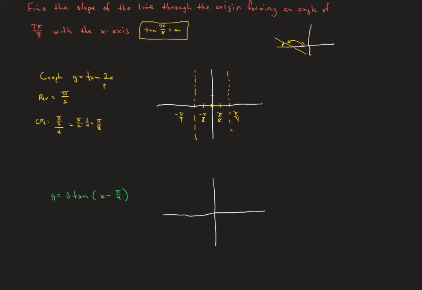Now, at the quarter period over, when we go over one tick mark to the right, that's going to give us a value of tangent that's 1. When we go one tick mark to the left, that's going to give us a value of tangent of negative 1. So these are the 4 values, if you will. Well, 5 counting the beginning and end.